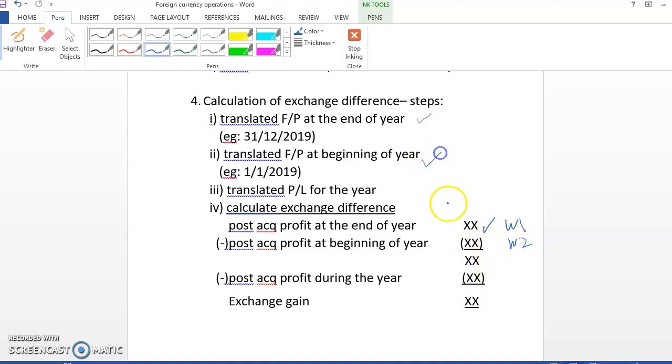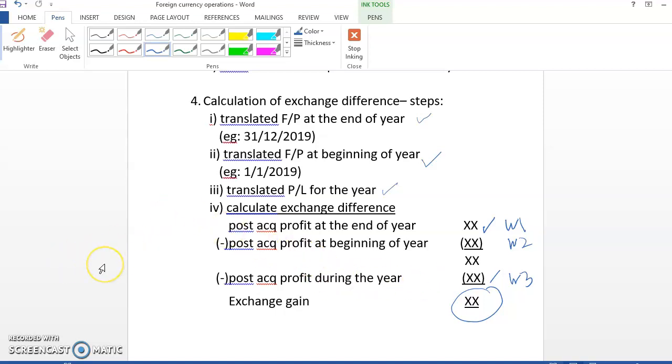And then you minus post-acquisition profit during the year, from your step number 3, the translated P&L for the year. After you insert all these figures, you get your exchange difference. That's why you need to follow these steps.